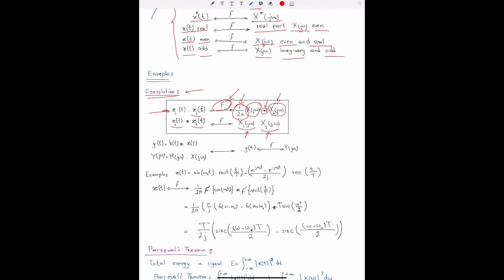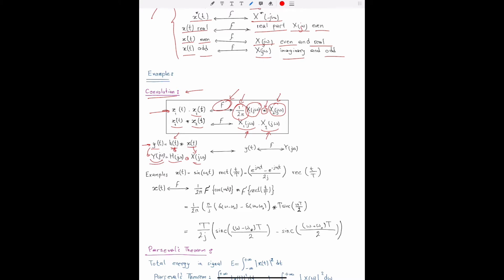So if we have a linear system, for example, y of t, and the impulse response of that system is h of t, then y of t is equal to h of t convolute x of t, right? So y of j omega, its Fourier transform, is equal to the Fourier transform of h multiplied by the Fourier transform of x of t, right?